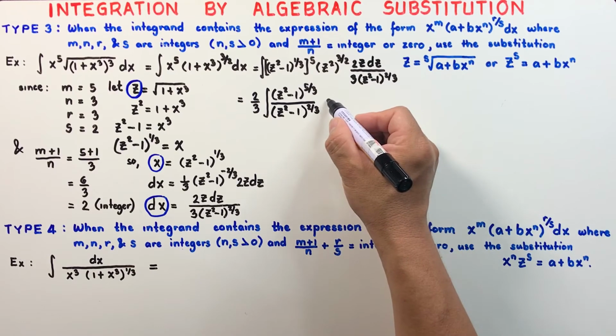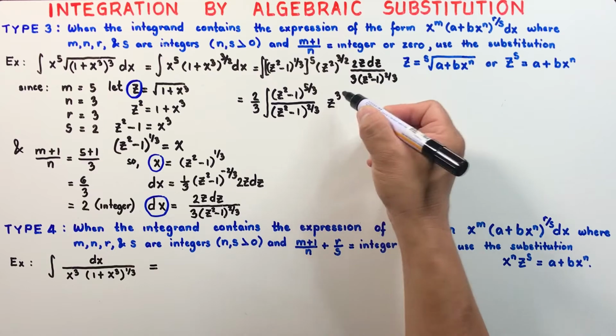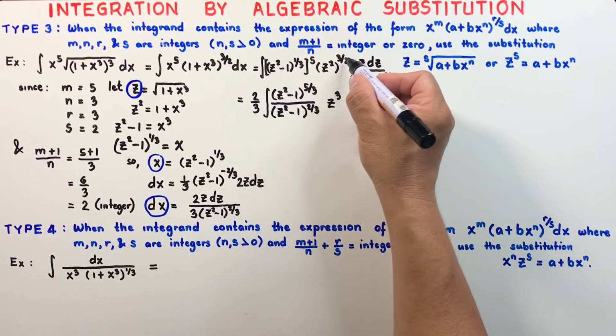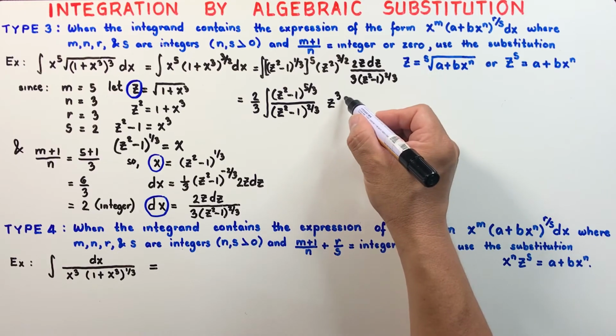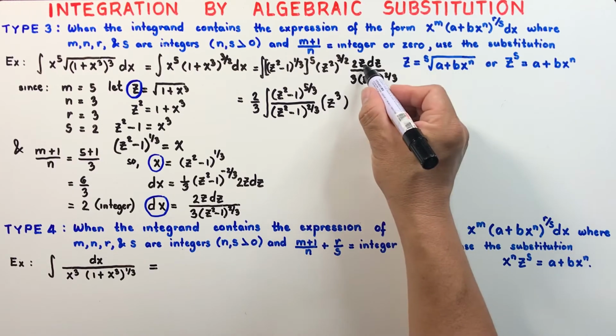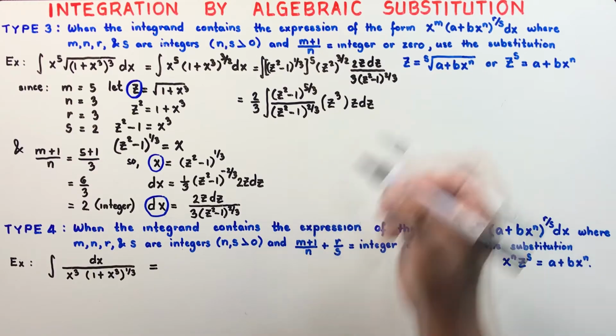And then this is multiplied by z to the exponent of 3, because when 2 is multiplied by 3 halves, that is 3. But this is also multiplied by the remaining factor here, which is z dz.